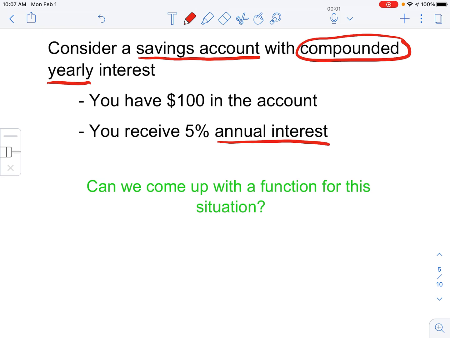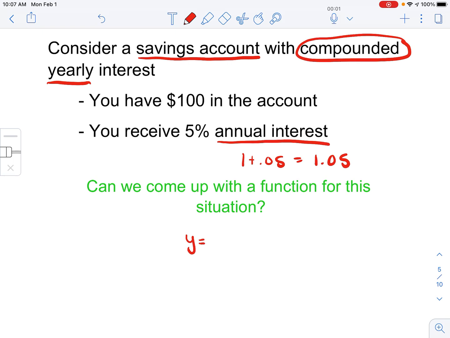Think about this. When we're making 5% annual interest, that means that we are multiplying by the growth factor 1.05 every year. Okay, so it's going to be repeated multiplication. That is exponential.